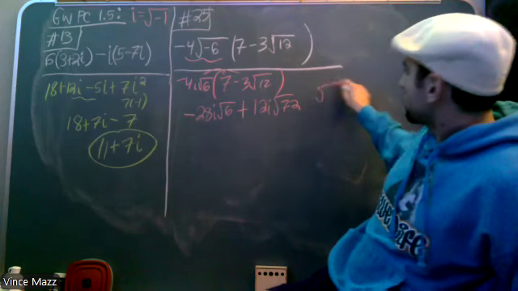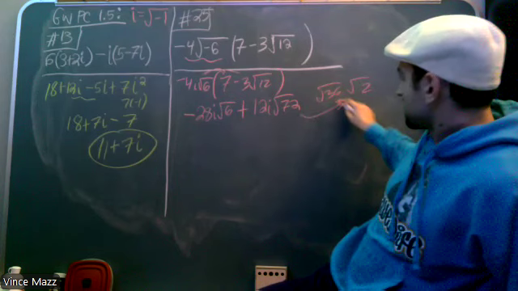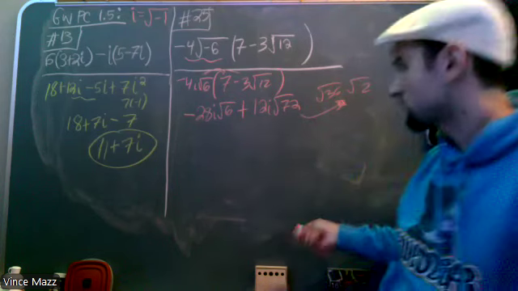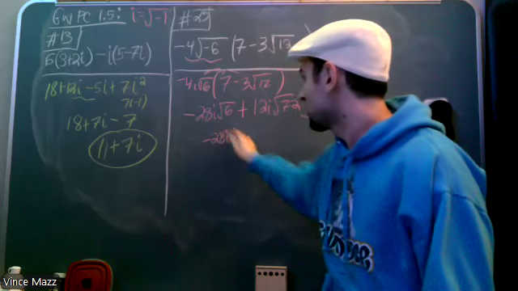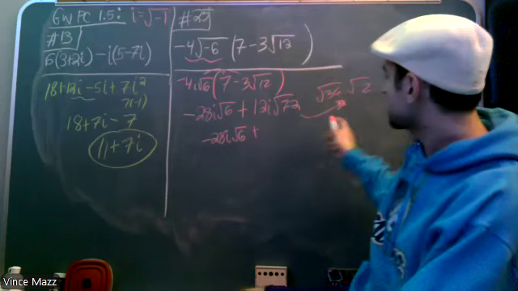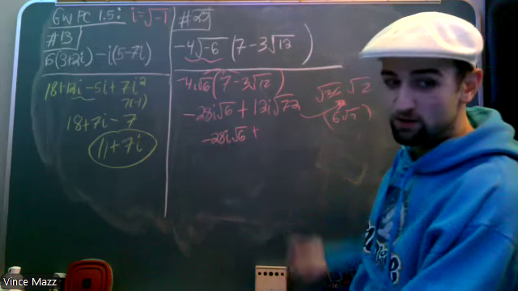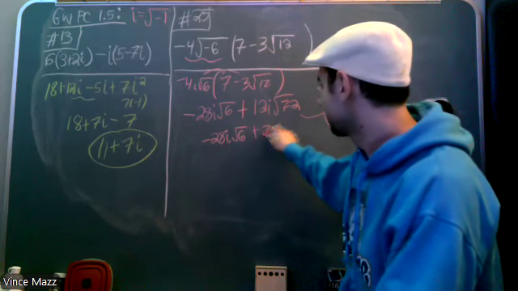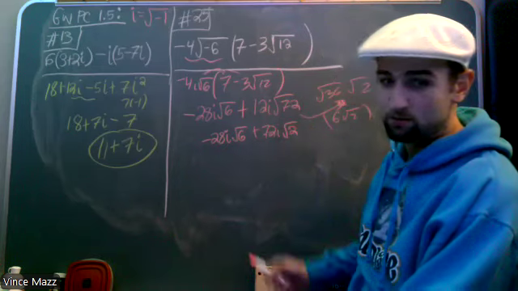So 36 square root 2, right? So then, let's break this off even farther. You got negative 28i root 6, and then plus 12 times 6 root 2. So 12 times 6 is 72. So 72i square root 2. And sadly, that's as far as we can go.